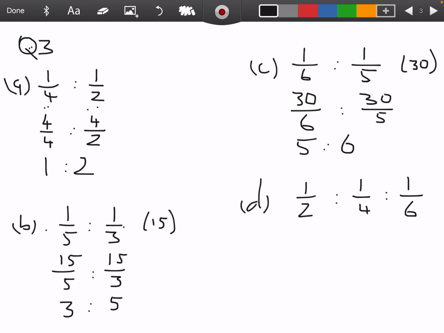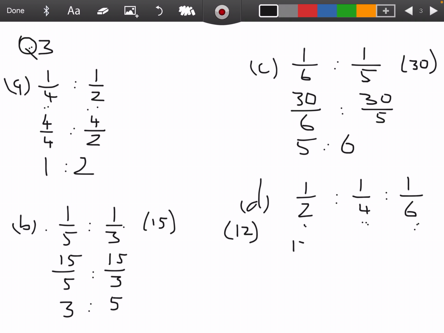And the last one here, part D, same idea. We've got 3 numbers, so we have to be a little bit more careful, but shouldn't be an issue. So again, 2 and 4 and 6. I'm going to use the number 12, because 2 and 4 and 6 all go into 12 evenly. So if I multiply each of these fractions by 12, I'll end up with whole numbers in my ratio.